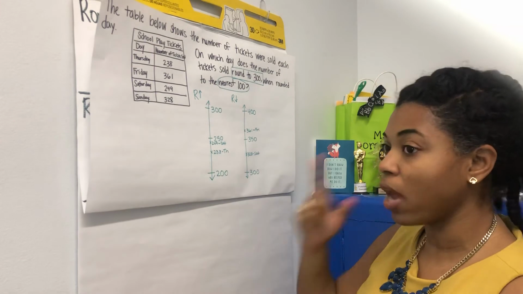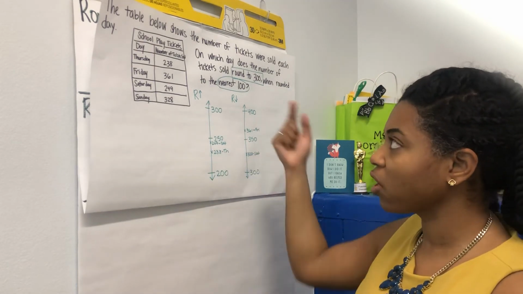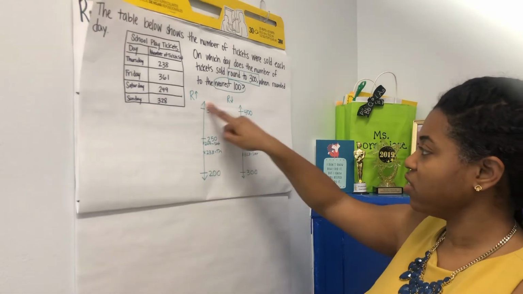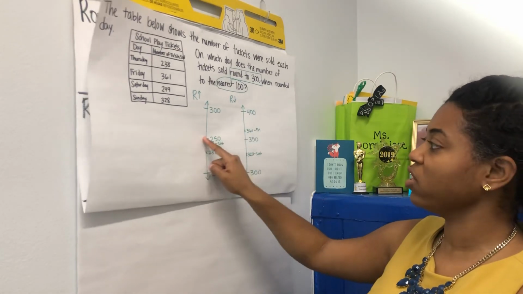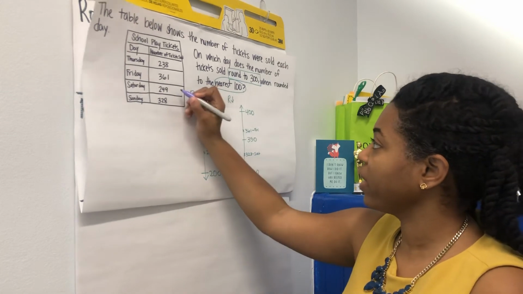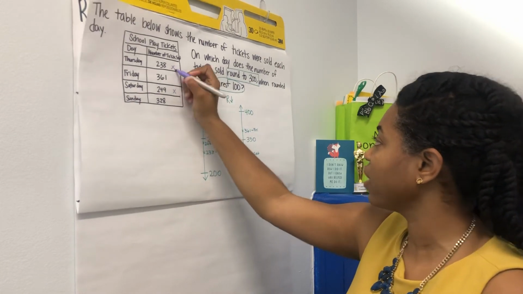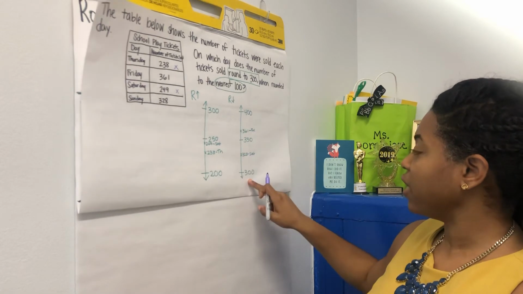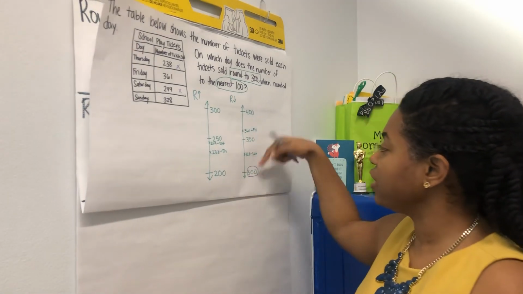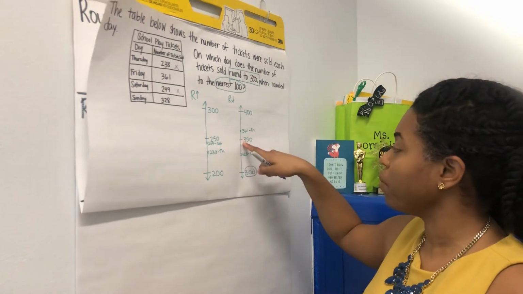Which numbers are closest to 300? Nothing on this number line is going to round up to 300 because nothing is at the midpoint or higher. So I know it can't be Saturday, and it can't be Thursday. To round to 300, it needs to round down, so it needs to be lower than the midpoint.